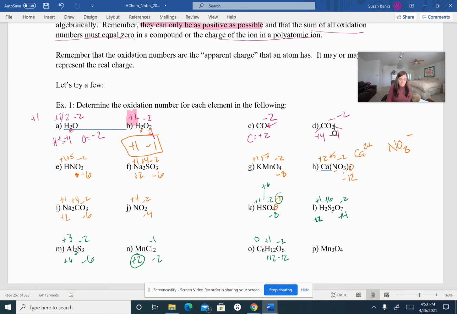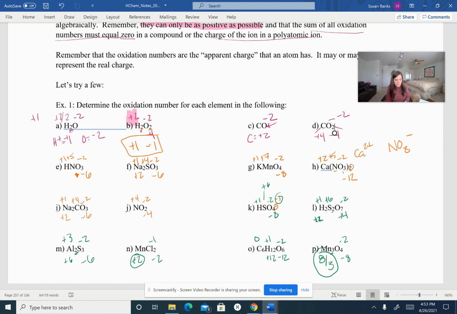Manganese oxide. So oxygen, -2. I've got 4 of them, so that will give me a -8. So that means the manganese altogether has to be a +8. And I've got 3 of them. So this is actually going to be a fraction. I'm going to have 8/3.